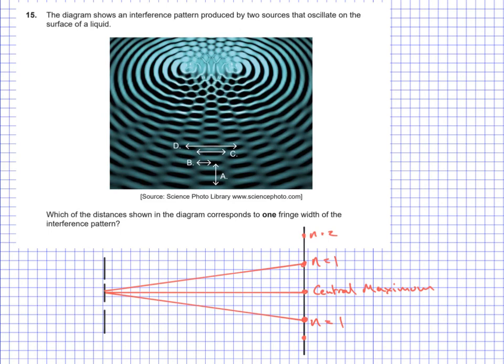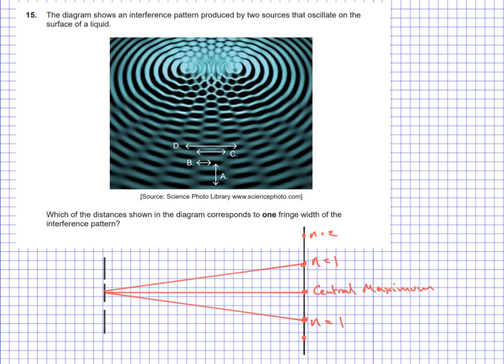So D would be represented as being from here, halfway between the dark, covering a full fringe, and then being over here. So it's not D. B is starting at the edge of one dark fringe and ending halfway between a dark fringe. So B would be as if it was going from here to here.